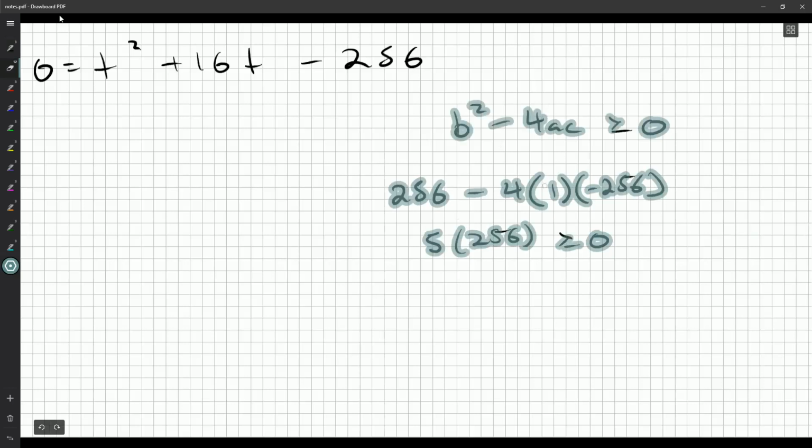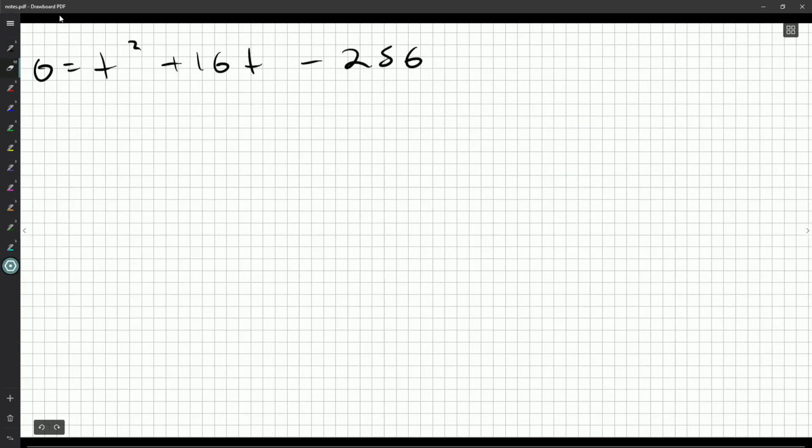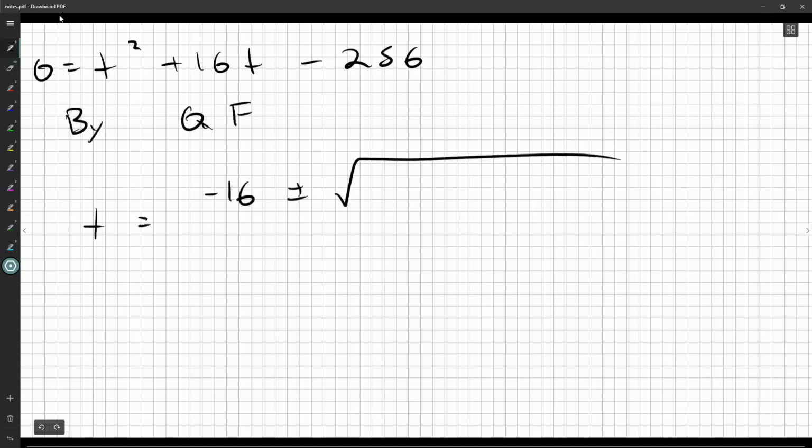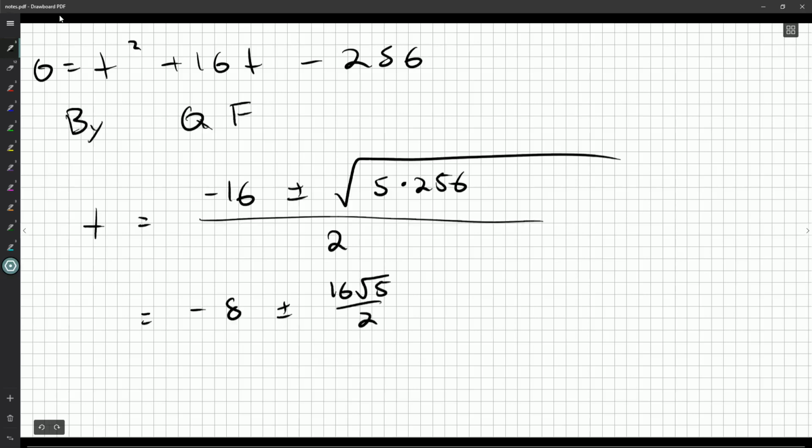So by the quadratic formula, t is equal to negative b plus or minus the square root of b squared minus 4ac, which we just said was 5 times 256, all over 2a. So negative 8 plus or minus 16 root 5 over 2. So negative 8 plus or minus 8 root 5.